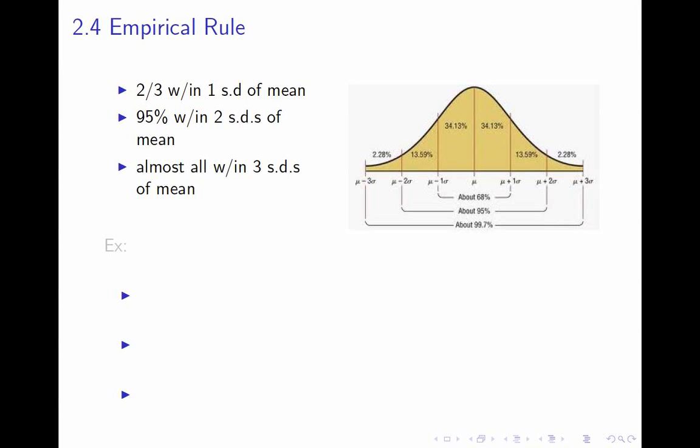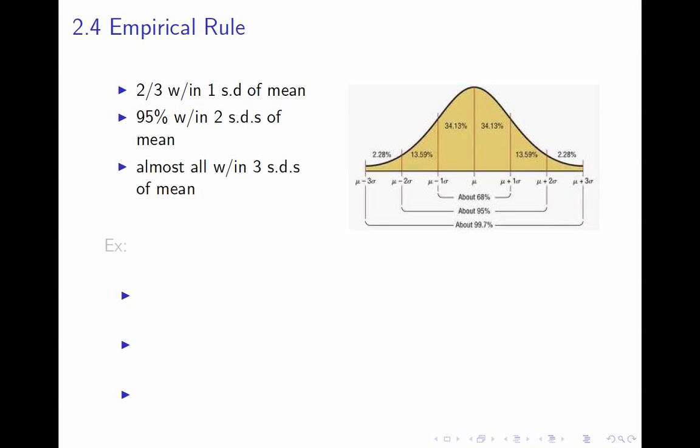When I talk about within one standard deviation, I'm looking at the red line immediately to its left and to its right, which are labeled mu minus 1 sigma and mu plus 1 sigma. All the points between those two red lines are within one standard deviation of the mean.